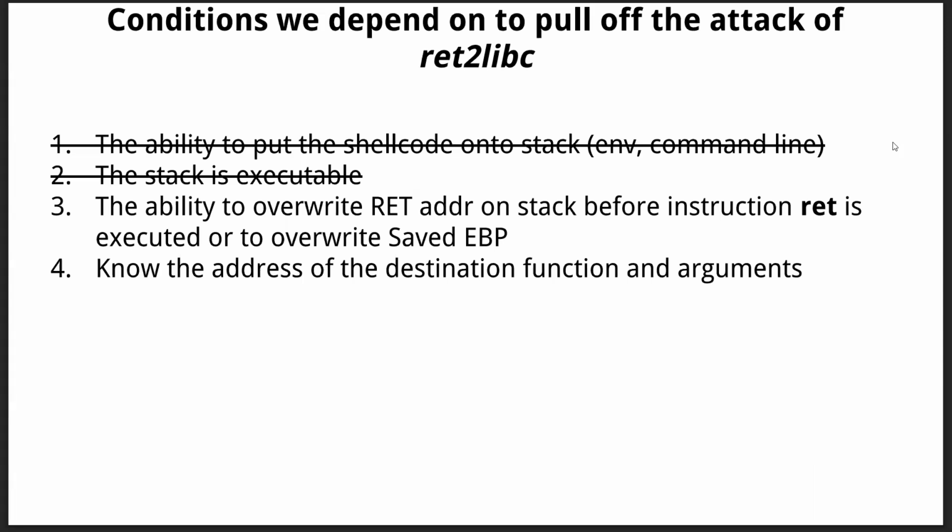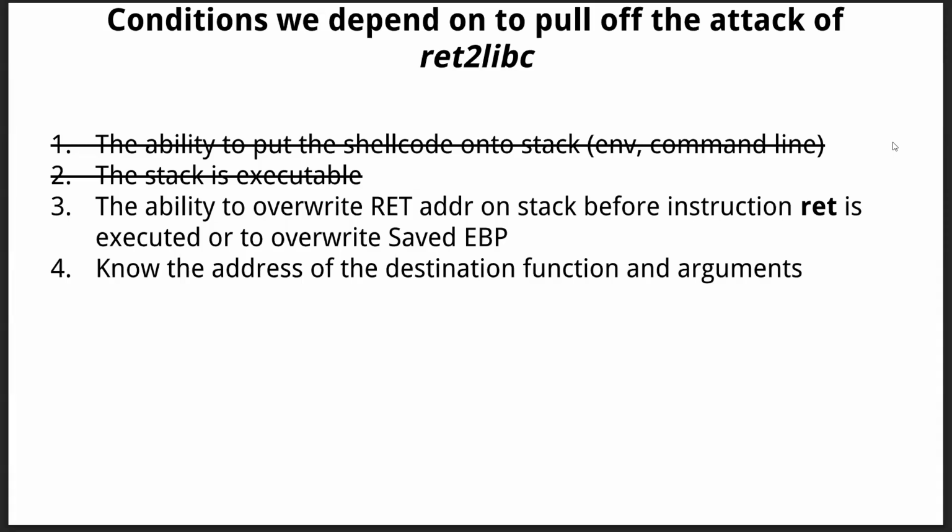You can return to some gadgets, several instructions that end with a return instruction. Those gadgets usually are small, 2, 3, 5 instructions, and always end with a return instruction.